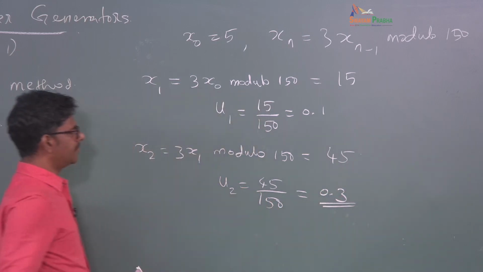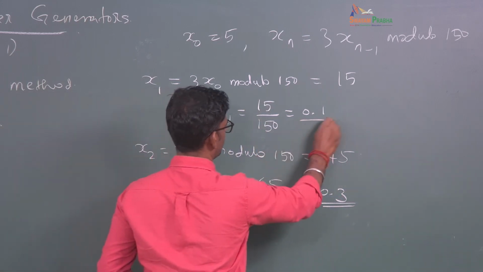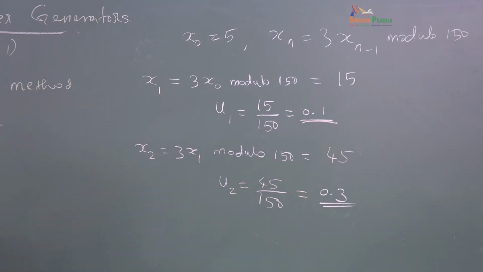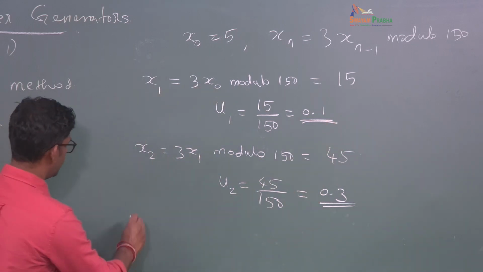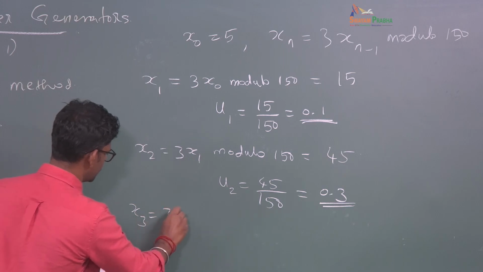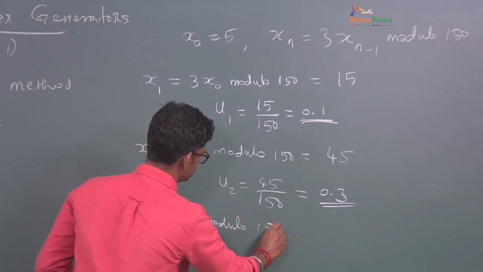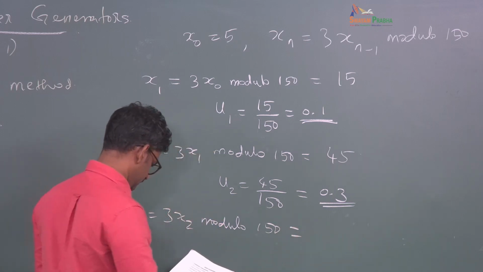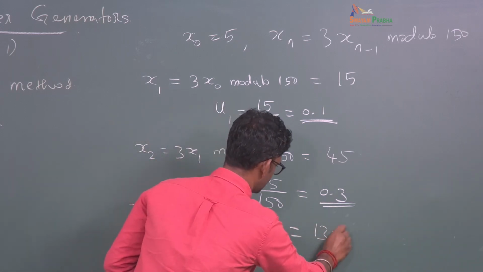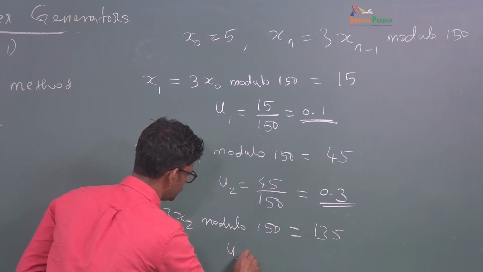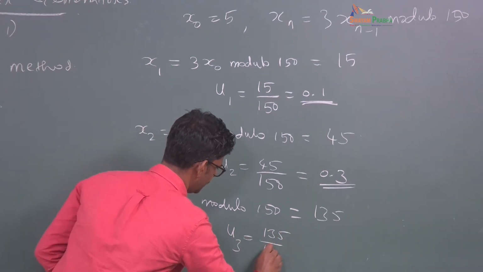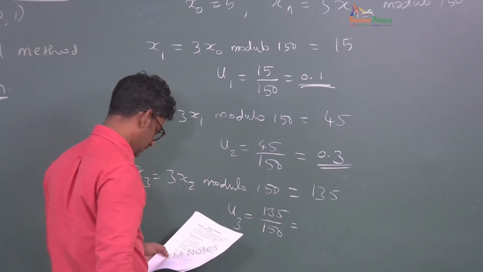This is my second random number. And then we can continue this. I am going to get x3 as 3x2. So I get 135, and U3 is 135 by 150, and this is 0.9.